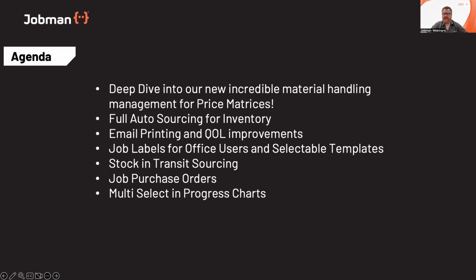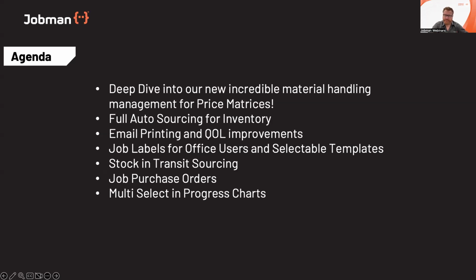We have now delineated job purchase orders, and I'll go into a bit of detail around that, but it's really exciting for a number of reasons, and it will really help some companies delineate their process a little bit better so they can take full advantage now of both the batch ordering in our system as well as specific custom orders for jobs, and how that can then interact with the purchase orders, stock in transit, inventory, and of course, then most importantly, how it directly relates to your job costing, which has all had big improvements. So really exciting there.